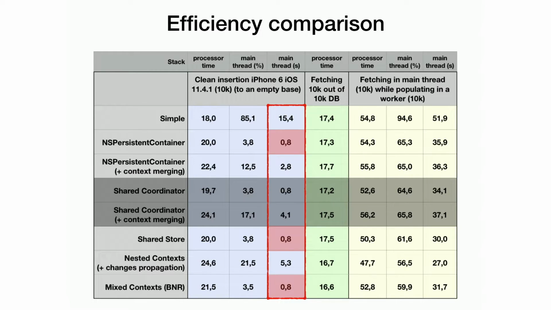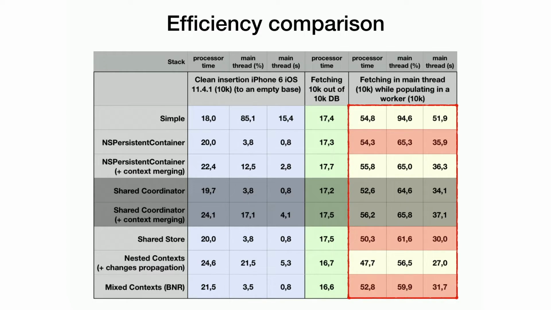Everything is clear. Talking about fetching data from the main thread, they are all equal, no surprises. But the interesting thing started when we do fetching from the main thread and insertion from the background thread simultaneously. Here we can finally see the difference between NSPersistentContainer and the shared store model. We can see that SQLite locks are faster than the lock on the coordinator level.